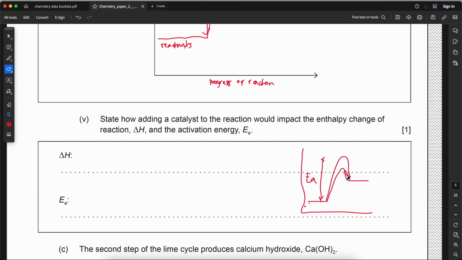So this will be with catalyst. But for delta H, which is right here, whether you add catalyst or not, delta H won't change. Therefore, delta H stays the same, but the activation energy decreases, because a catalyst increases reaction rate by providing an alternative reaction pathway with a lower activation energy, but has no effect on delta H.